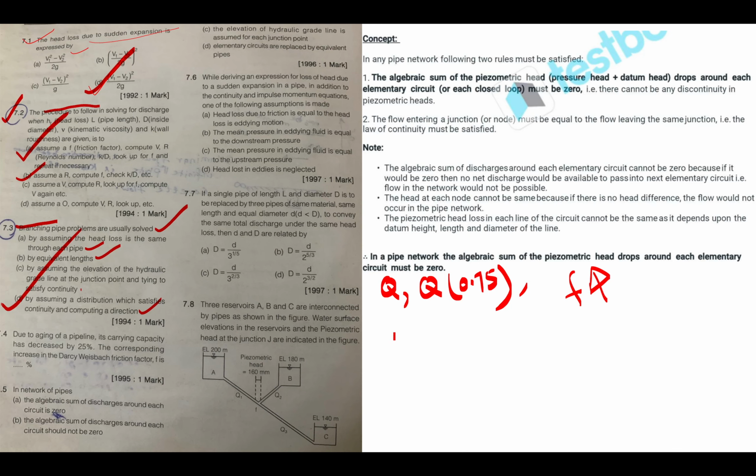Initially your discharge was Q and your friction factor was F. The formula is h_f = f L Q square by 12.1 D to the fifth. Here we are asking about F, so F will be directly proportional to 1 by Q square, and everything else will be constant.